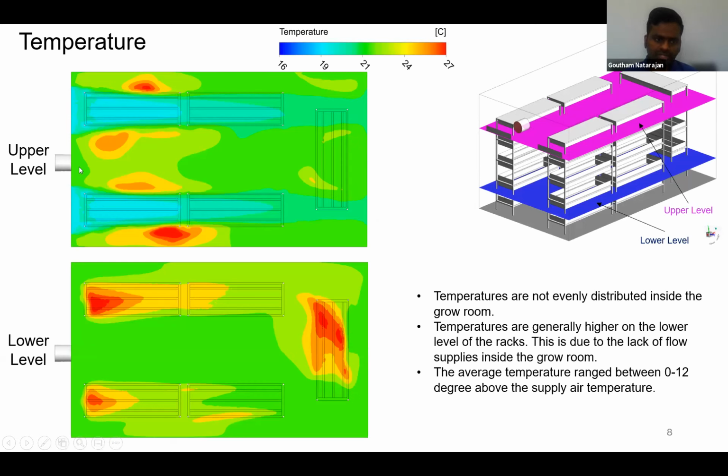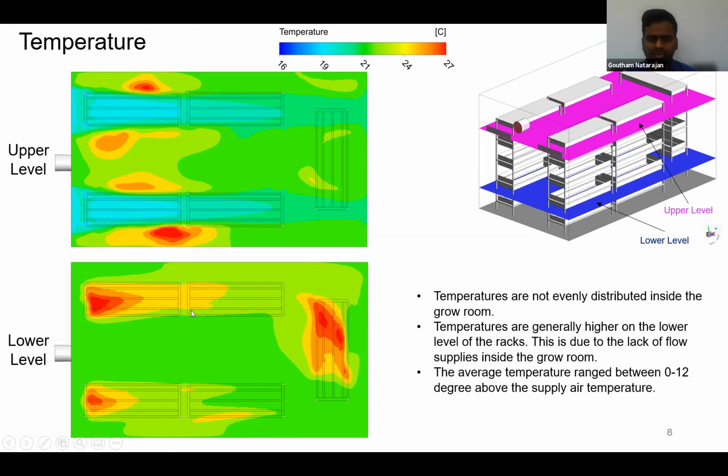From this image, we could see that the upper level has slightly lower temperatures compared to the lower level, where the temperature ranges from 19 to around 20 degrees Celsius. Whereas in the lower level, we could see higher temperatures near the isolated racks, or in most of the places, from 21 to 27 degrees Celsius.